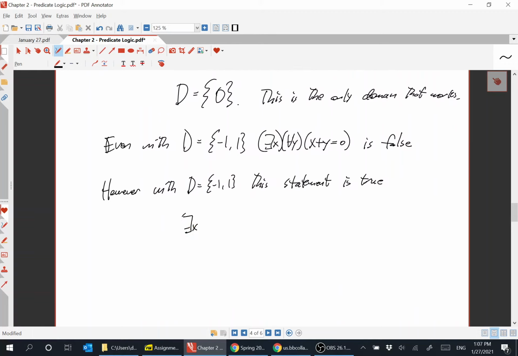There exists an x such that for every y, what can I do? Can I add to this about things being unequal?